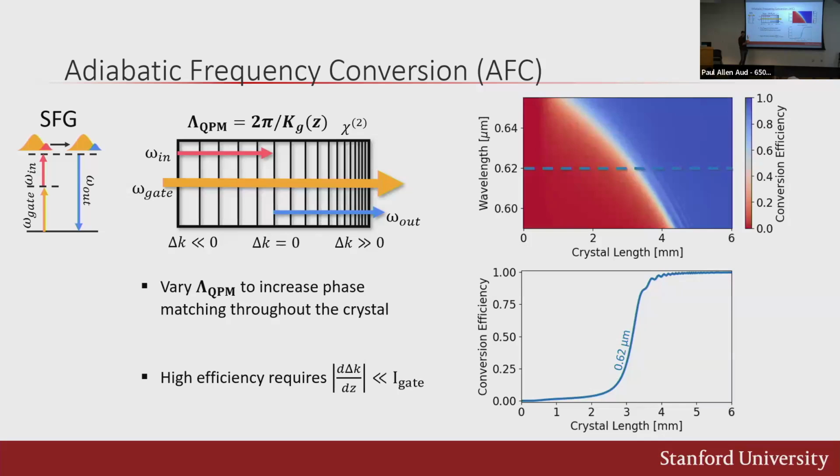So if I start in an eigenstate of the system, when my delta K is really, really large, these things aren't nonlinearly coupled. So I'm starting in my omega input field, but as I turn on the nonlinear coupling, my eigenstates start to become a superposition of the input field and the output field. As long as I do that slowly, my input field stays in the eigenstate.